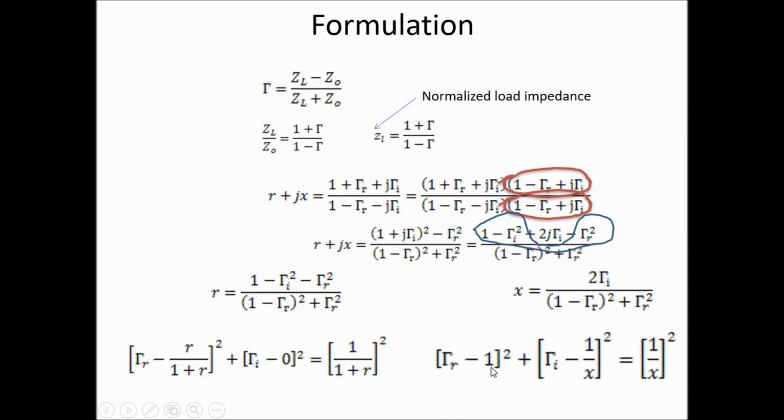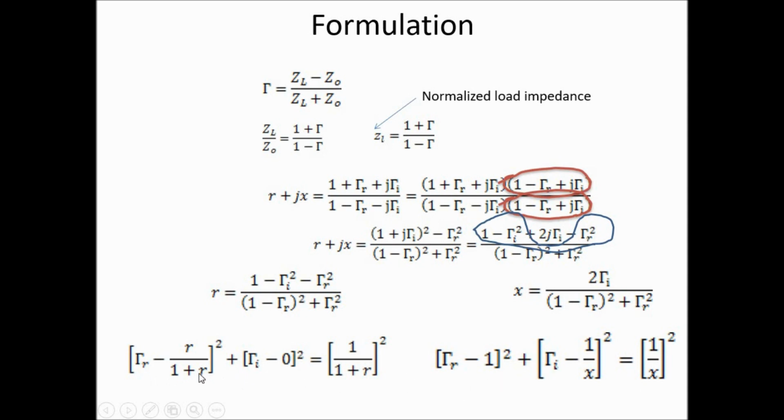Similarly, X can be written as another expression of a circle, with center 1 and 1 over X, and radius 1 over X. So now we can draw two sets of circles: one is the R circles and another is the X circles.